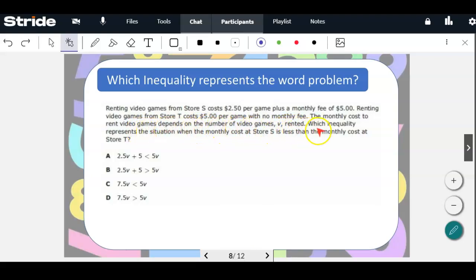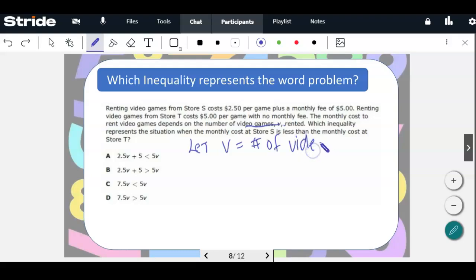Which inequality represents the situation when the monthly cost at Store S is less than the monthly cost at Store T? So we already know that they're telling us to use V for the variable, and that is going to represent the number of games rented. So our let statement: let V equal the number of video games rented.